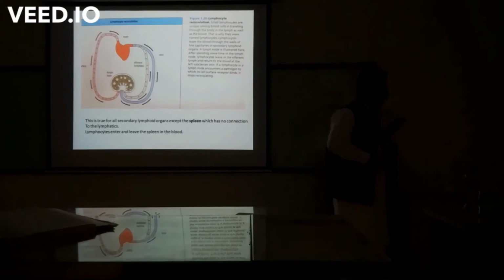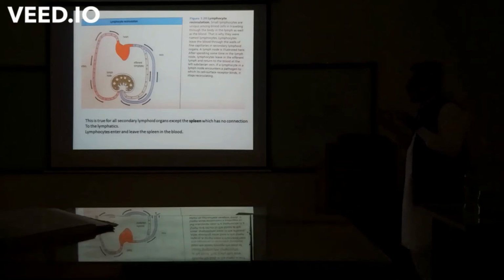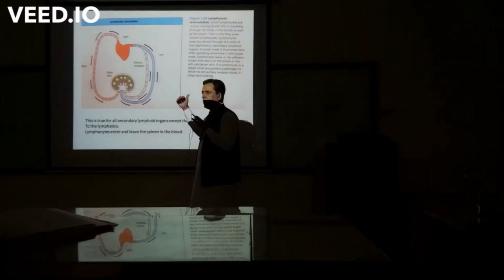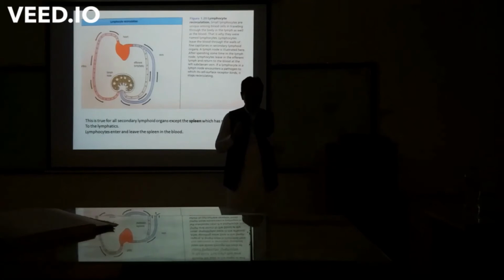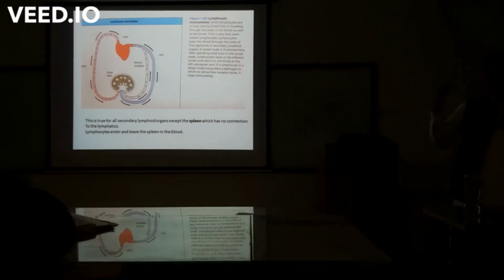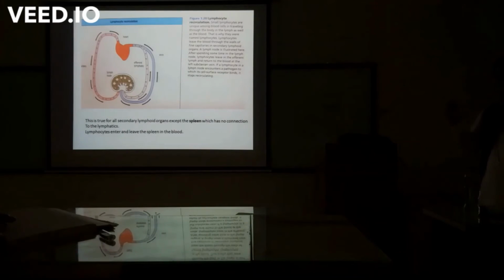Okay, and why are they going to stay here? Because they are going to respond now, to be trained to respond or to become effector cells. In these lymph nodes, the B cells are going to be converted into memory or plasma cells, and the T cells are going to be converted into T helper cells, cytotoxic T cells, regulatory T cells, or memory T cells.